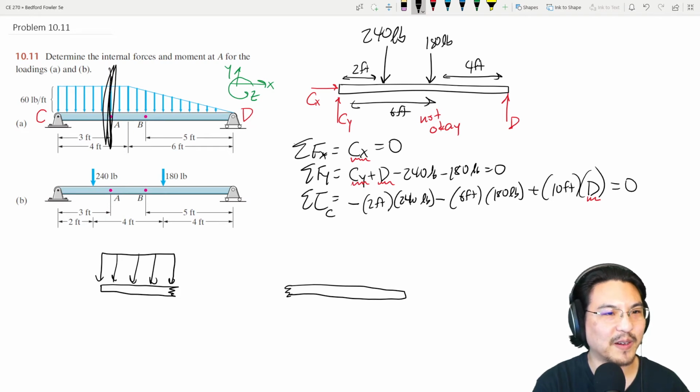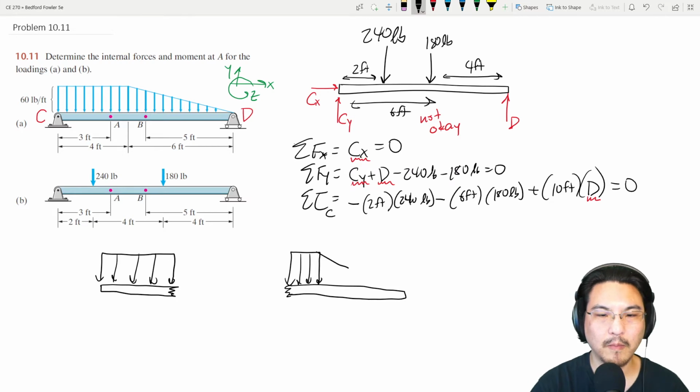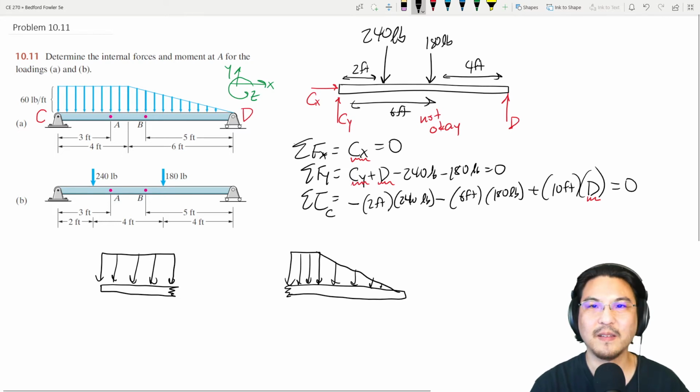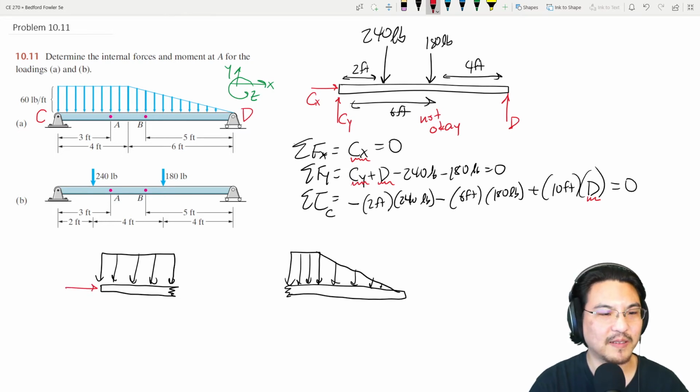And then if we cut it right here, this side of this section will look sort of like this. Okay, and then there's Cx, Cy, D, and we know all these values.